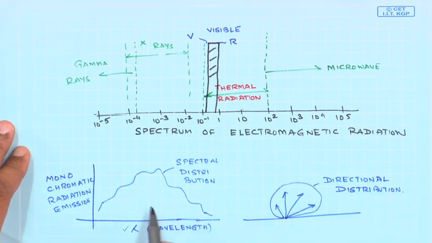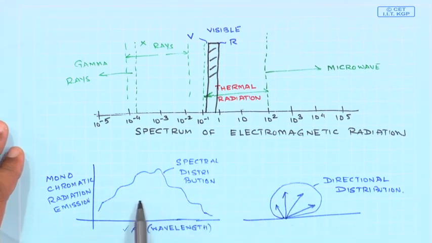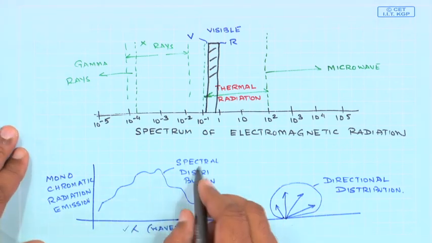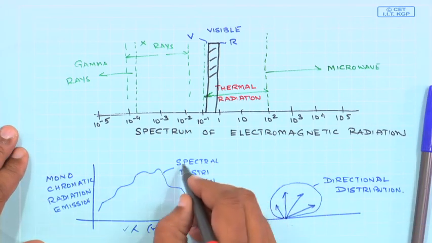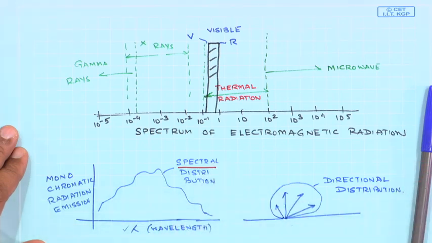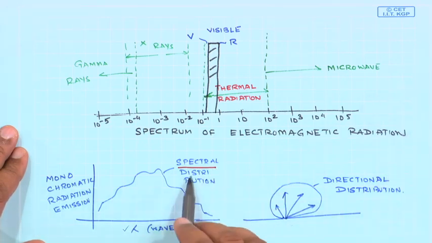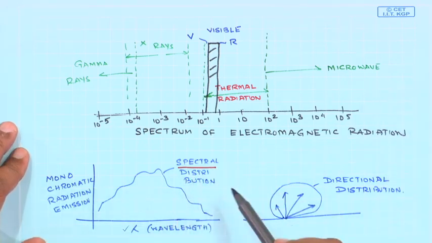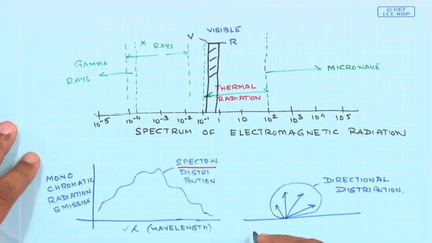So, this is the difference between these two surfaces. This is a spectral distribution, and spectral is used to refer to the nature of the dependence, where it depends on the wavelength.